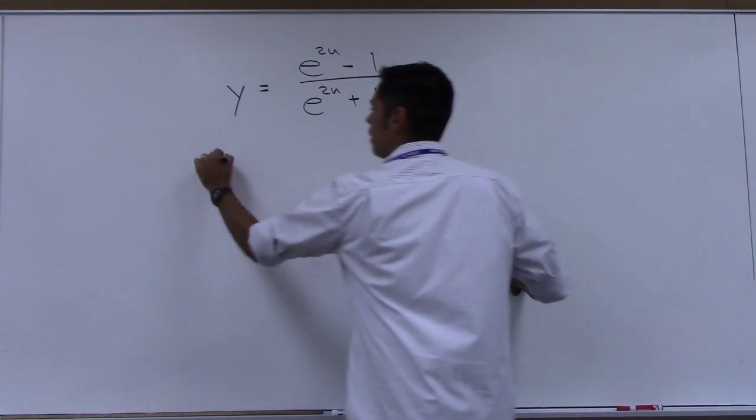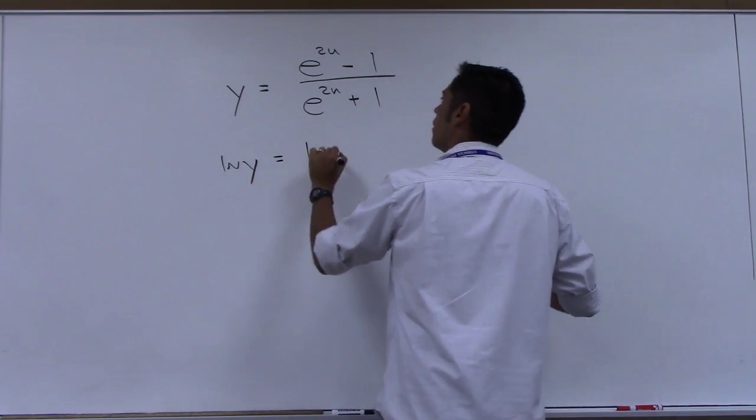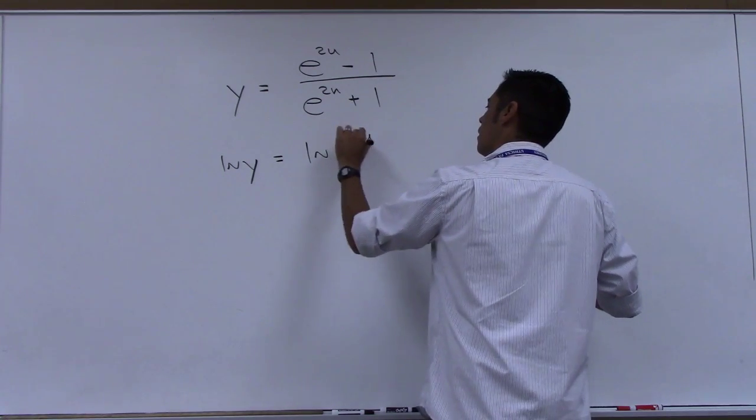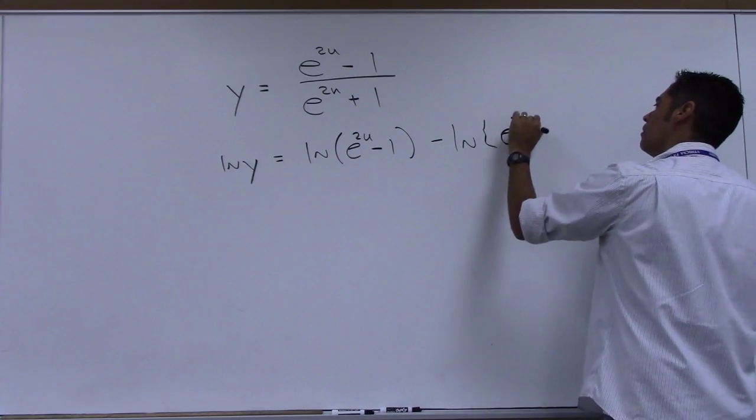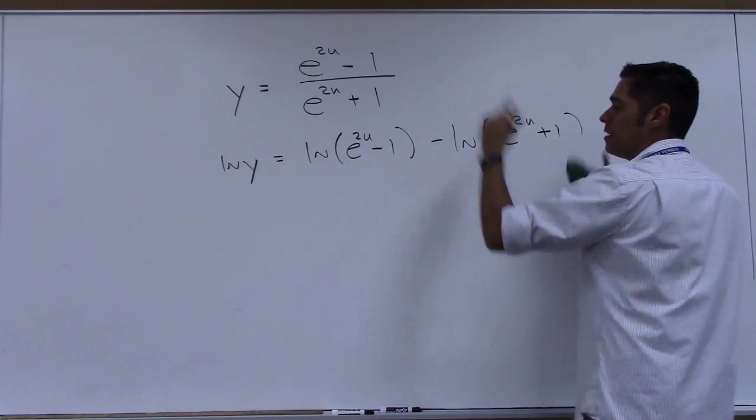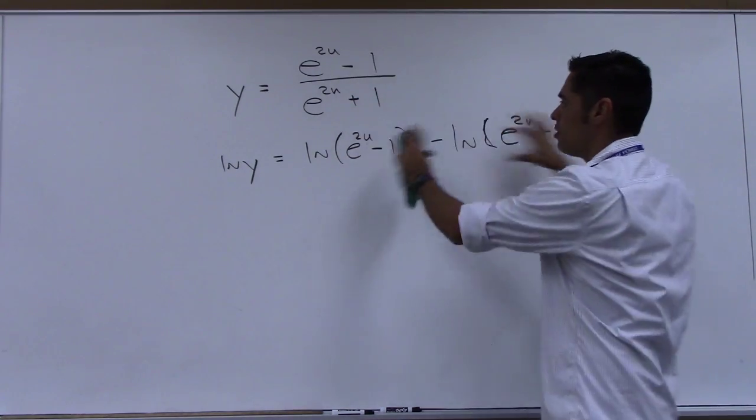I can show you real quick. So that's what would happen. I take natural log on both sides, and then I split that into the two pieces.